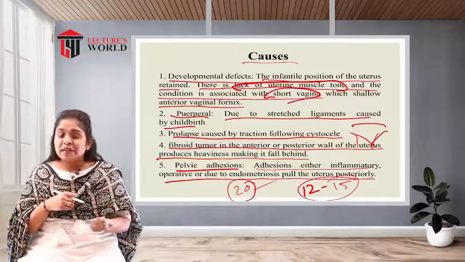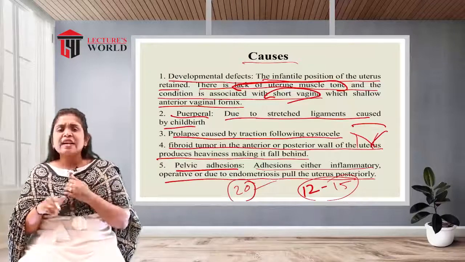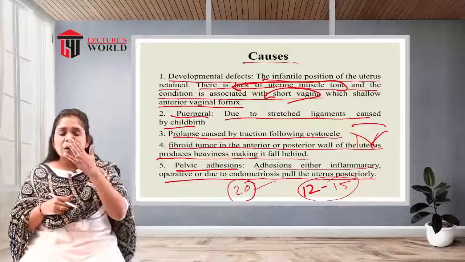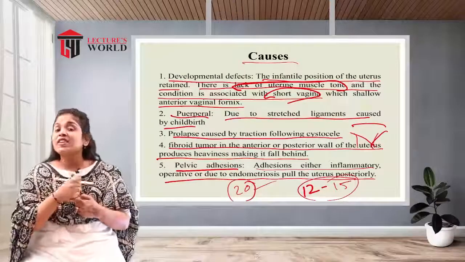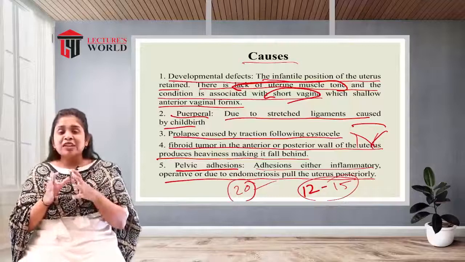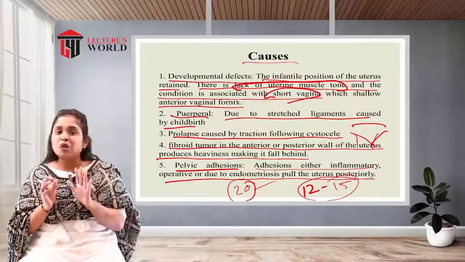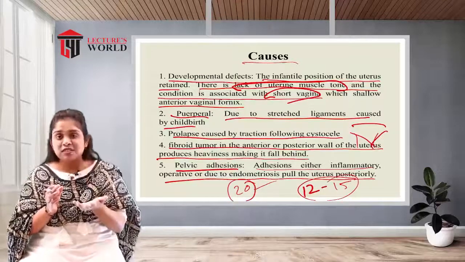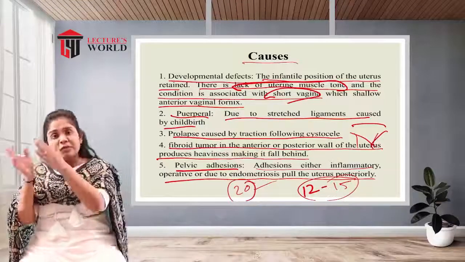Then the operative cause: before any operation or repair has been done, or if a uterine rupture was there and they repaired it or took sutures, the muscles will not have adequacy, will not work properly, or the tone of the muscles will be lost. Due to that also it will fall behind.